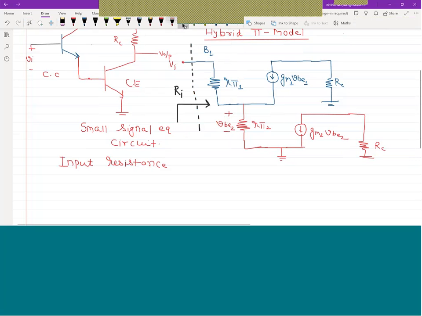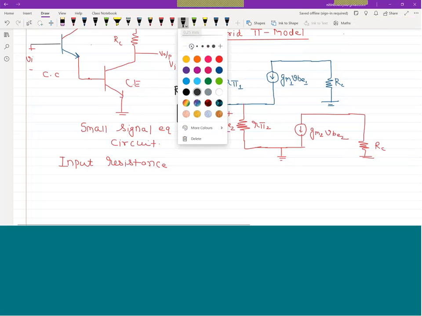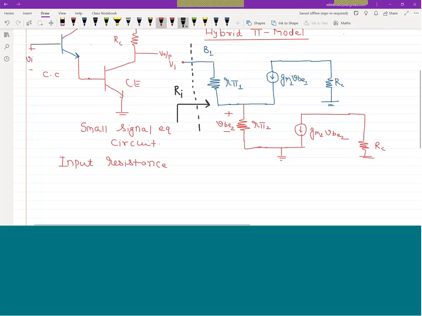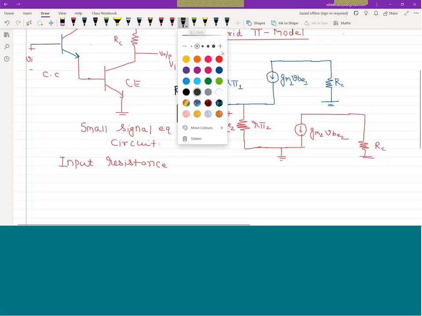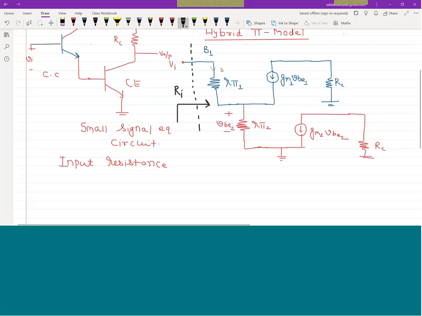So the input current is IB1, so this is IB1, then this current is 1 plus beta times IB1, which acts as IB2.